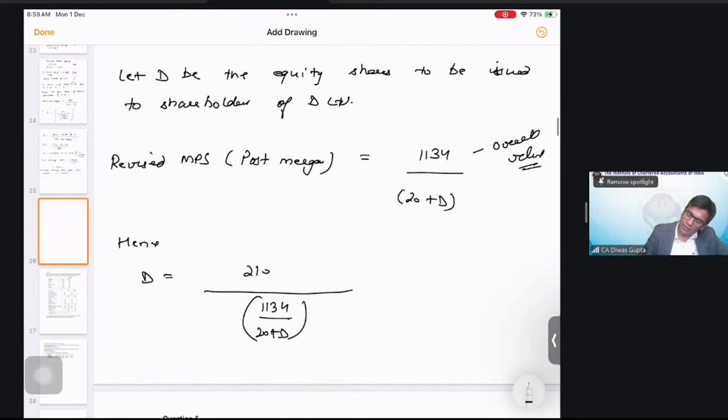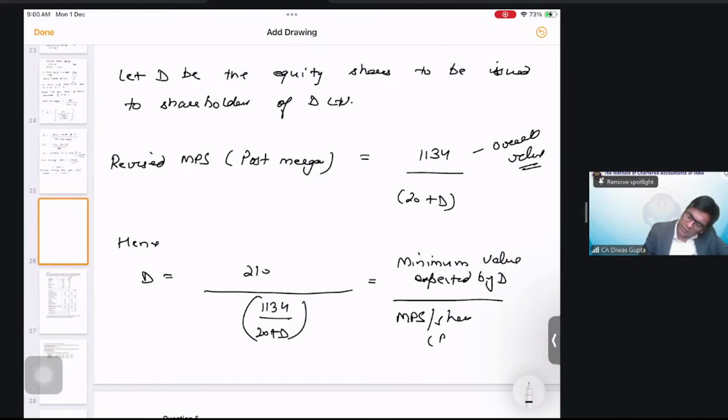So which is 1134 divided by 20 plus D. So this is what? Minimum value expected by D, divided by the revised MPS per share. This is post merger.